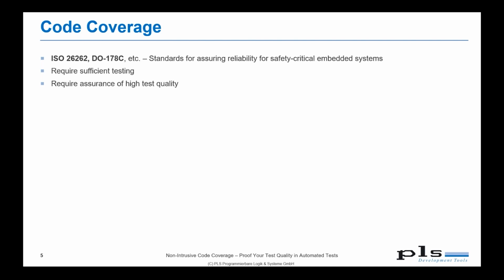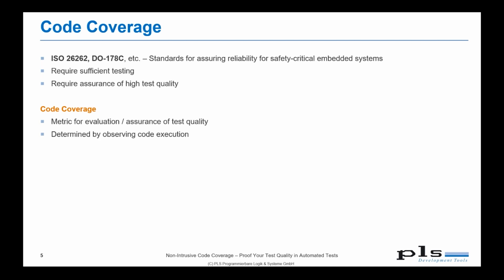If you are looking at the standards, for example, the ISO 26262 for electronic systems in road vehicles, or for example, the DO 178 for electronics in aviation, then you see that not only the test itself is addressed there in great detail, but also the evaluation of its significance and the quality. One of the metrics for evaluation of tests and for ensuring test quality is code coverage.